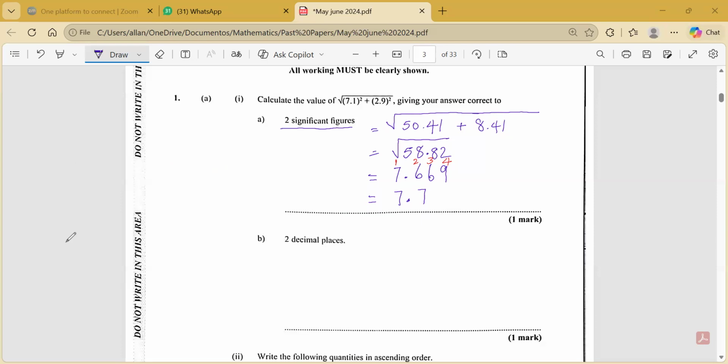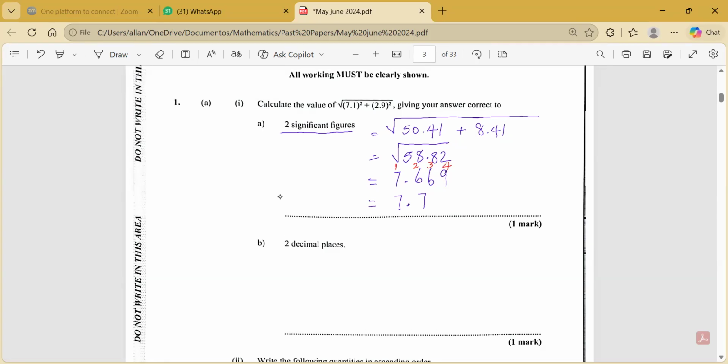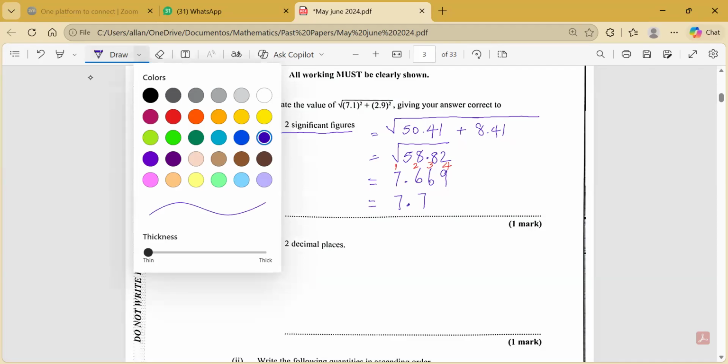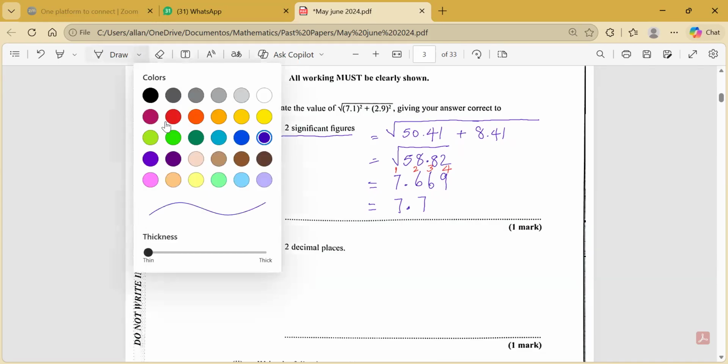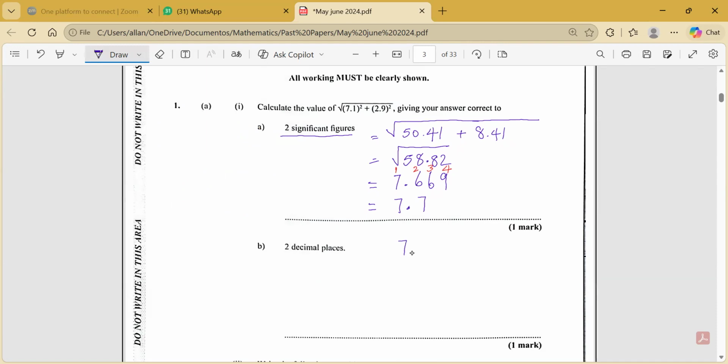All right, so the answer to two decimal places. Remember our number was 7.669.